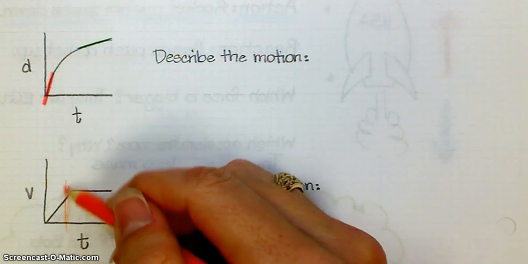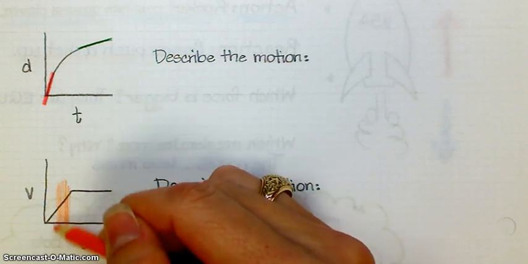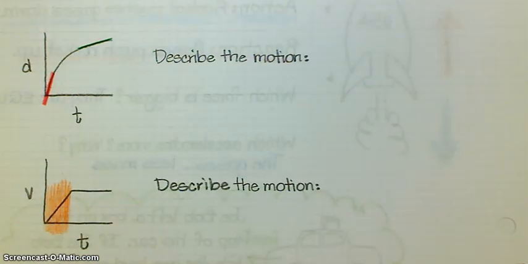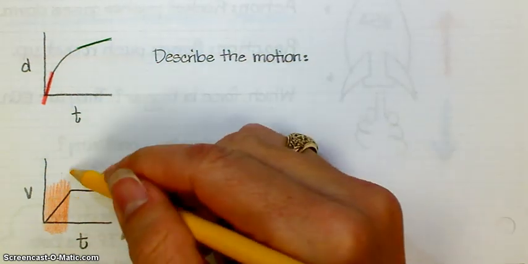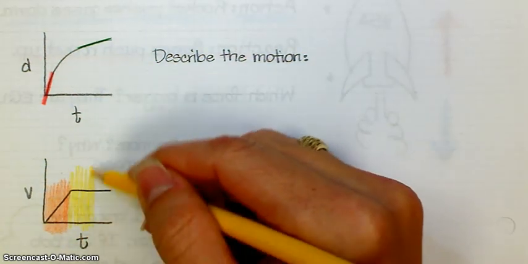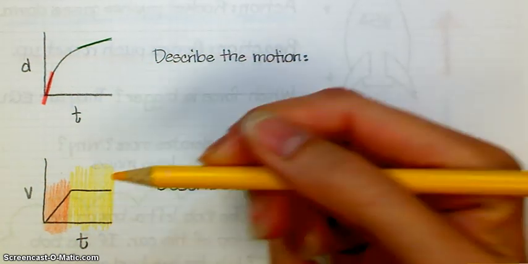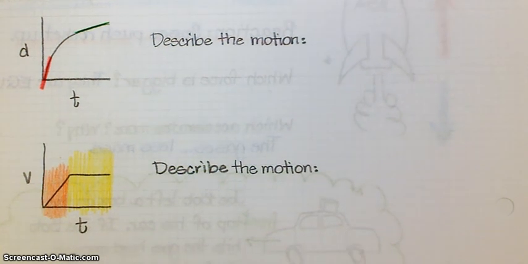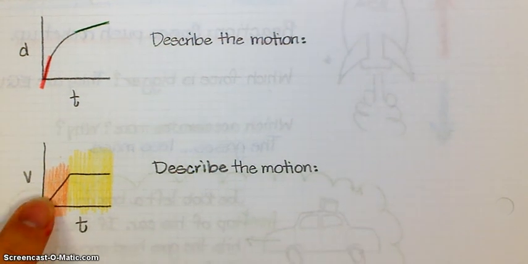We've got kind of this, so we have something going on here, and then the object changes the way it's moving and does something different here. Okay? All right, in the orange section, you'll notice that the velocity value is increasing as time goes by.